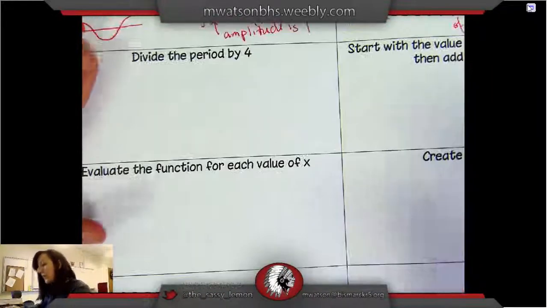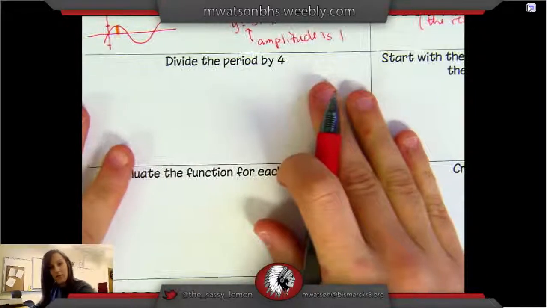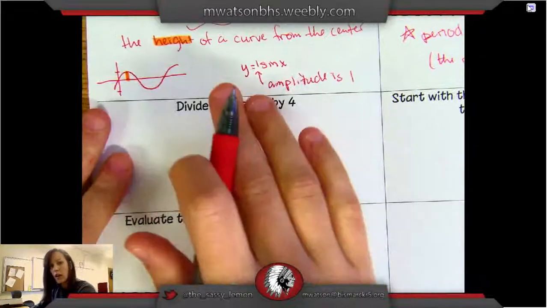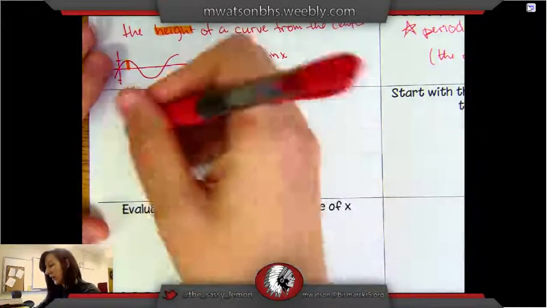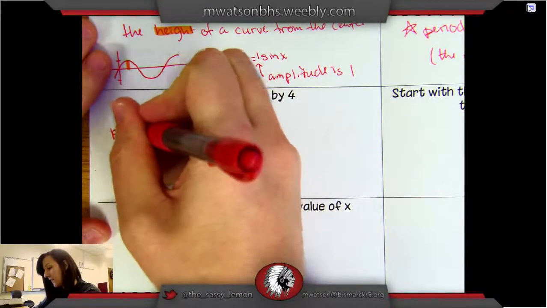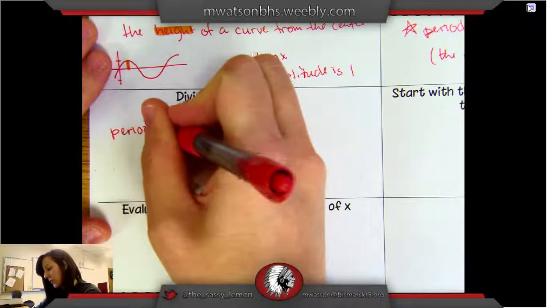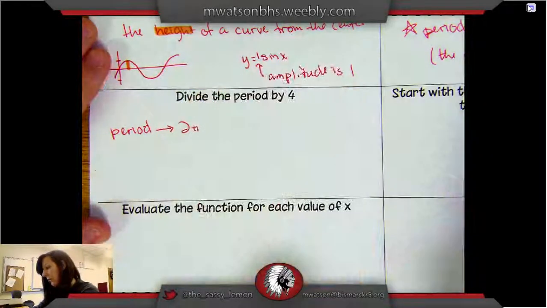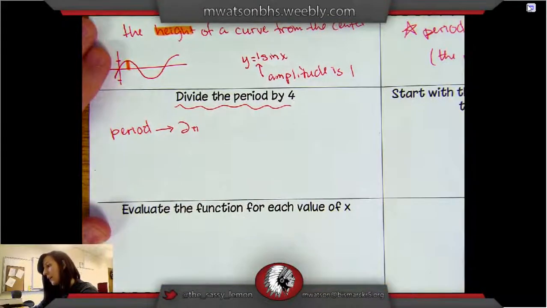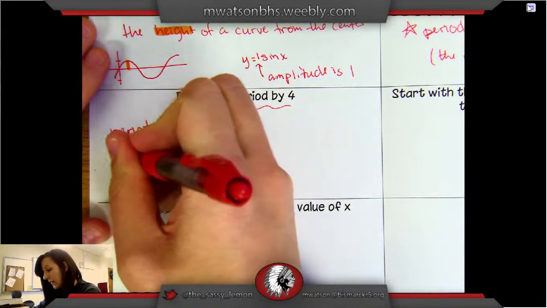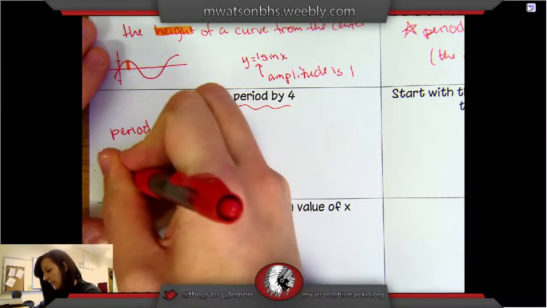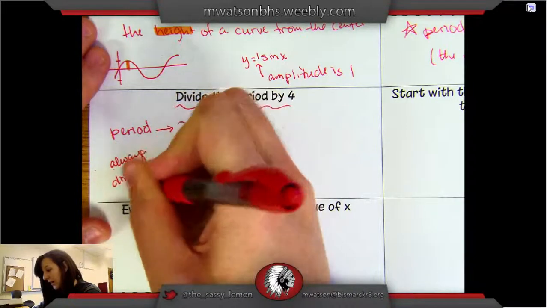What we're going to do is take the period of our trig function. Here we're working with sine, so we take our period, which is 2 pi, and we're going to divide that by 4. So always divide by 4.